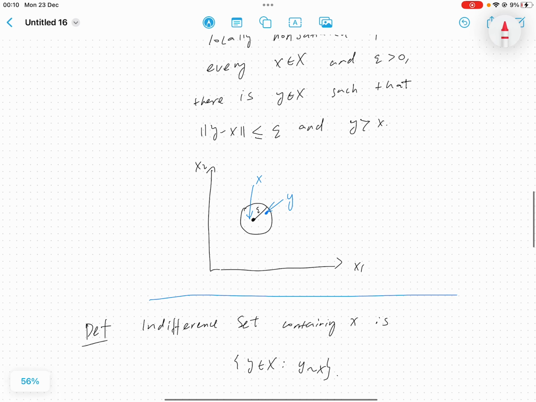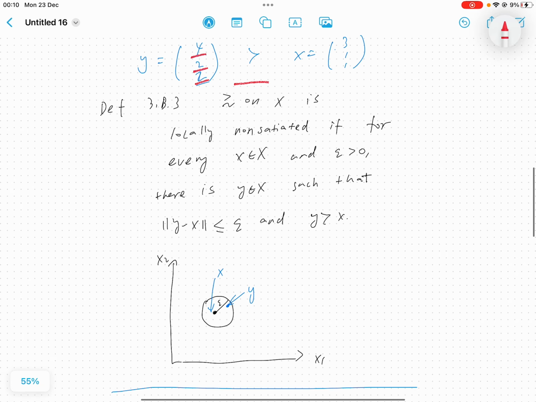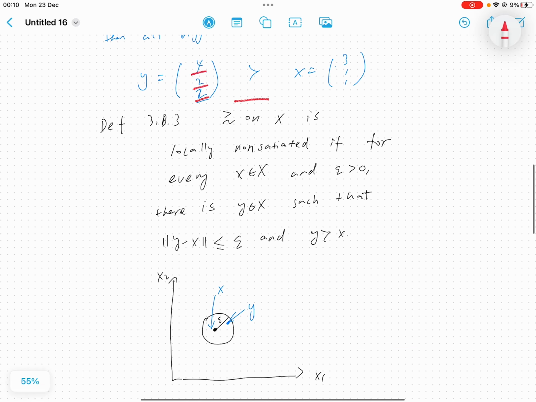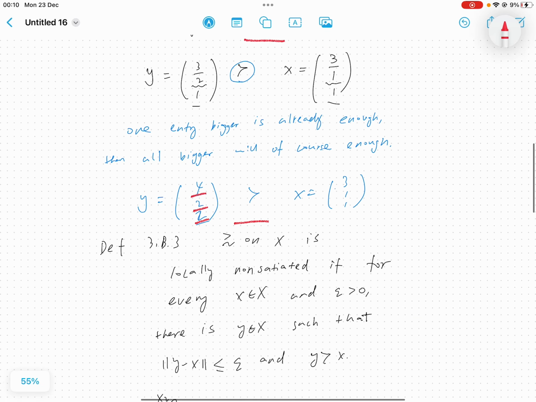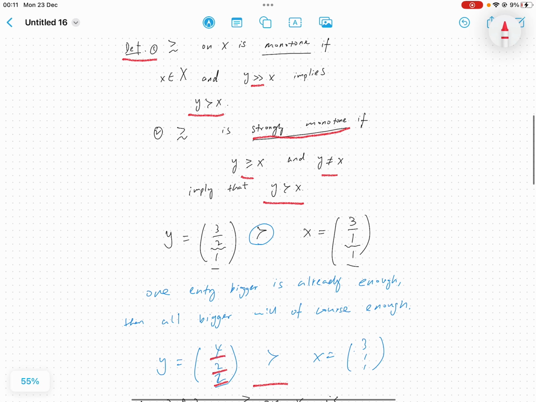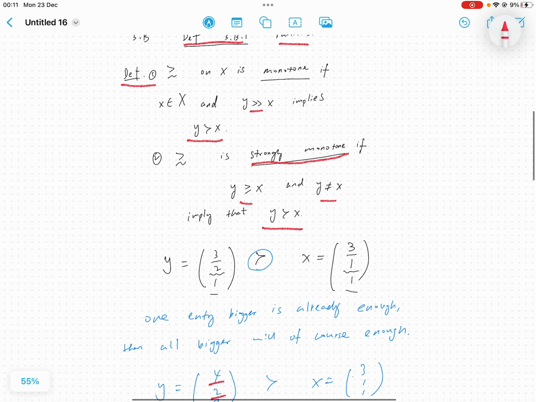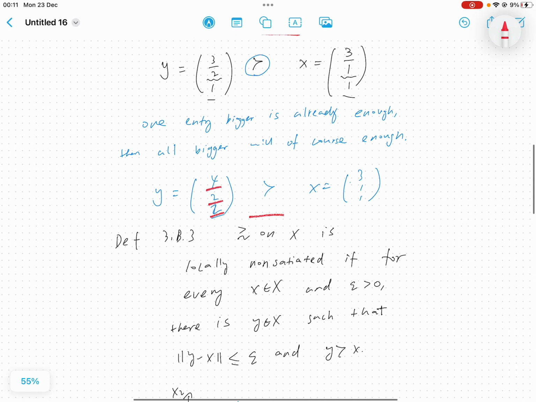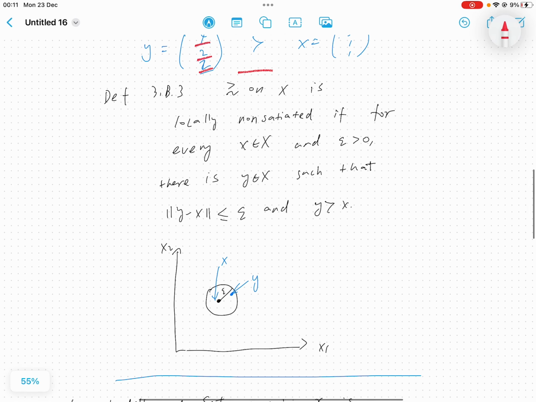Later we'll talk about why we need this local non-satiation. Before that, previously we mentioned that strongly monotone implies monotone, and monotone itself could further imply local non-satiation.